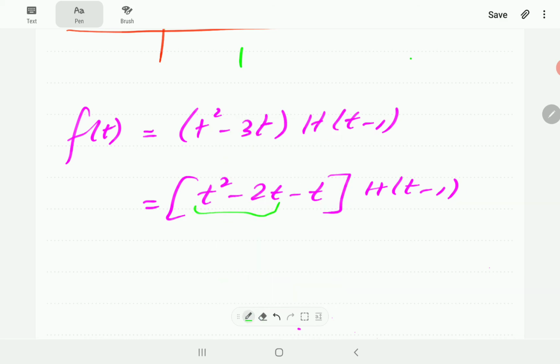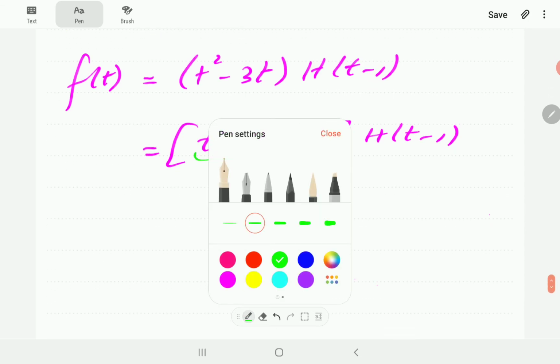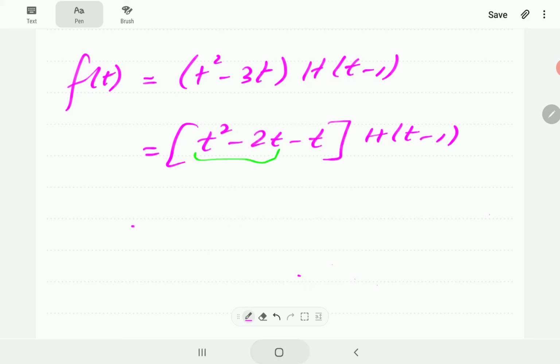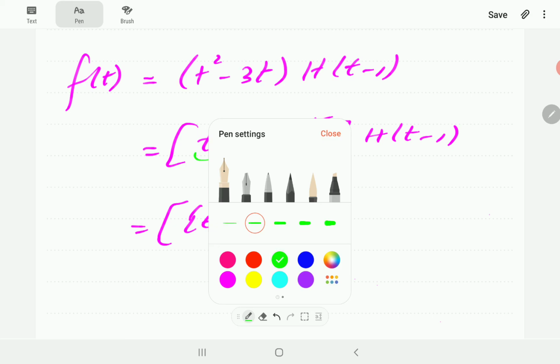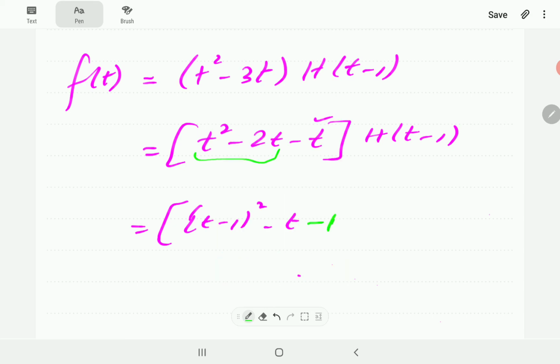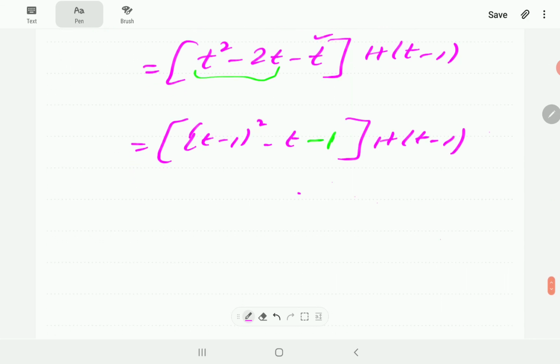So if we complete the square here, then it's going to be t minus 1 all squared, minus t, which is this one. Then when we do t minus 1 all squared, we must subtract 1. So that's from the process of completing the square. We still have h of t minus 1 this side.